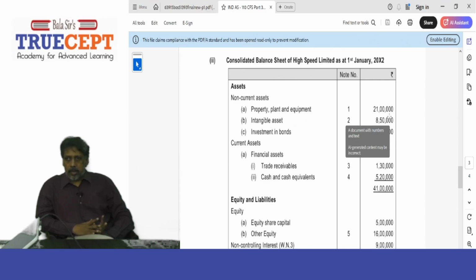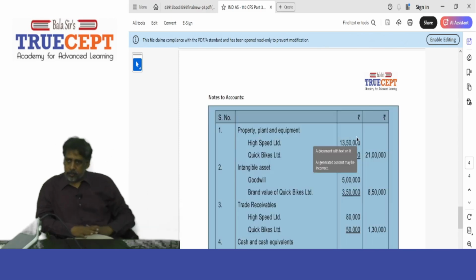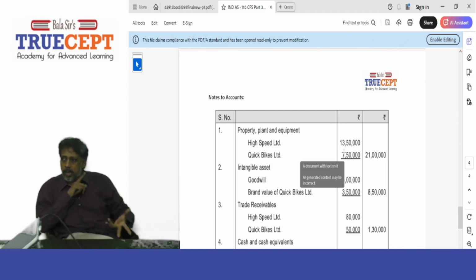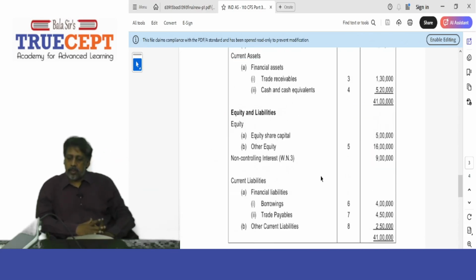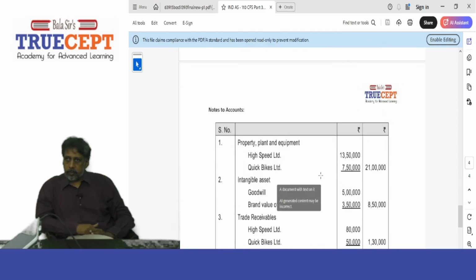What is 21 lakh? I will take my property, plant, equipment, which is 13 lakh 50,000, plus rupees 7 lakh 50,000 yours, which has been debited in that entry. In all, 21 lakh in the balance sheet. Next item, intangible asset, that is nothing but a brand.